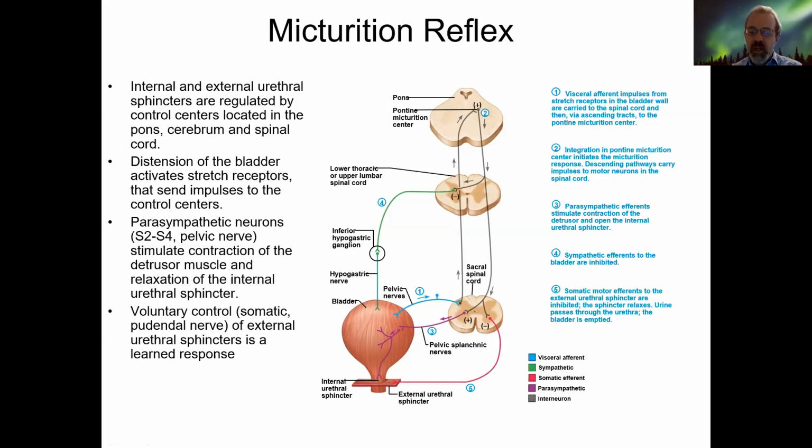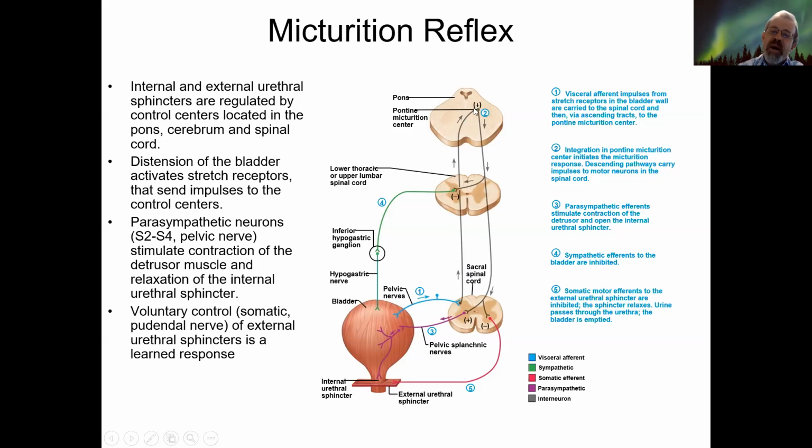All right, so let's go over this. This is kind of a loaded section right here. So we've got this full bladder, activates stretch receptors in the detrusor muscle in the bladder wall, sends nerve signals up through the sacral portion of the spinal cord, initially all the way up into the pons.